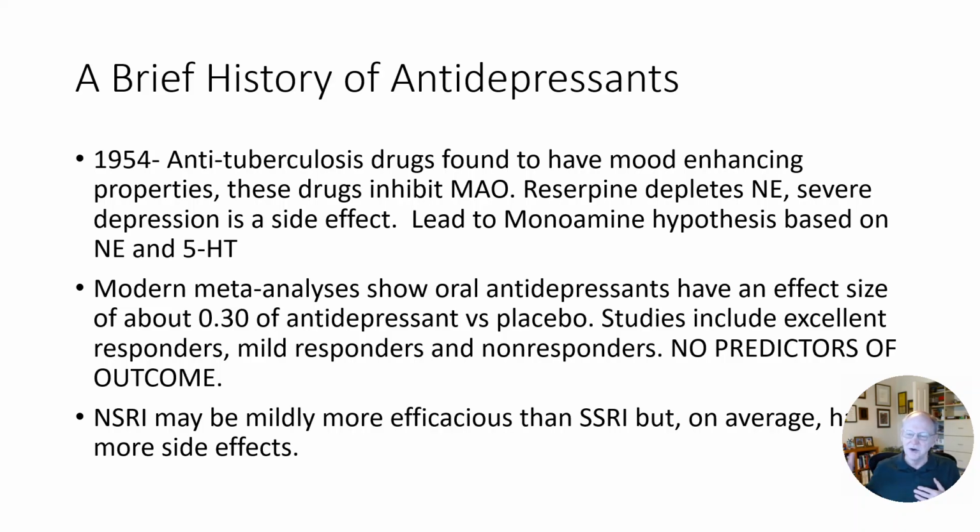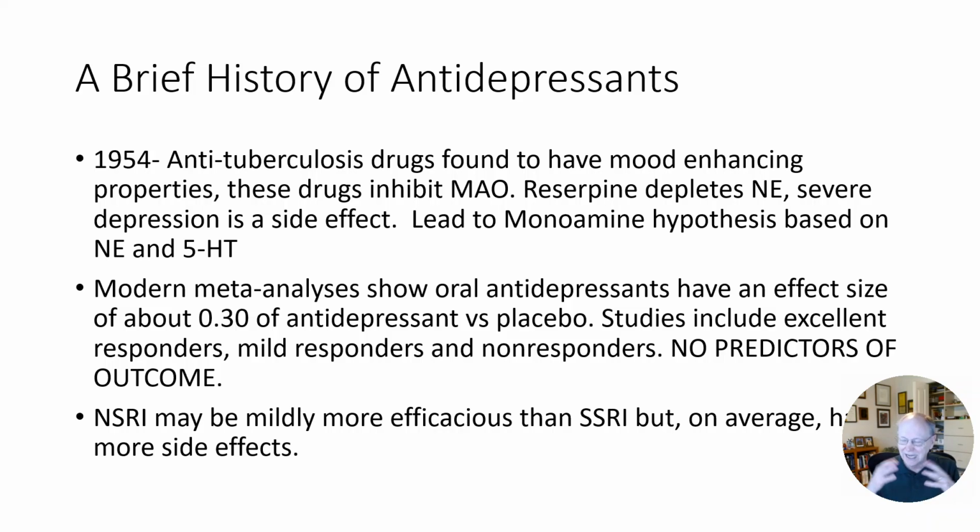And then as time has gone on, the placebo response has increased. And as a result, when you do meta-analysis, people often say, well, the drug-placebo difference is only about 0.3, and that's pretty small when you consider, say, stimulants and ADHD are like 0.8. But the problem is those studies now mix three groups of people: the placebo responders, the excellent responders to the drug, and people who are non-responders.